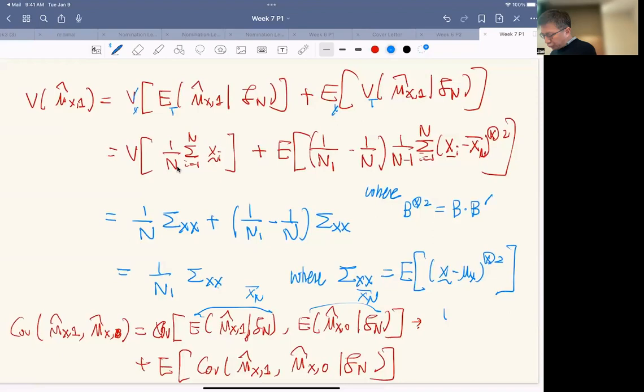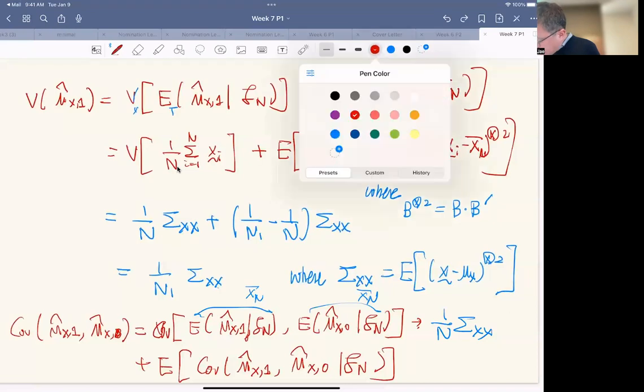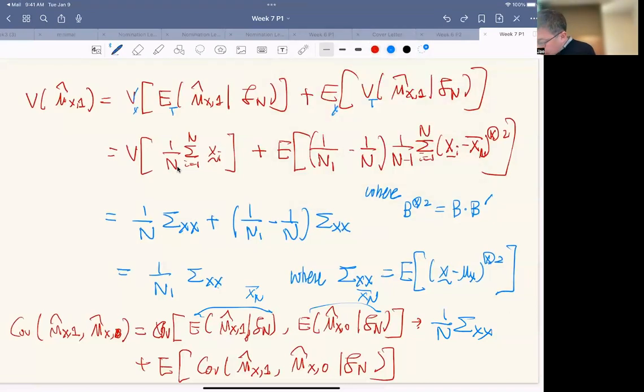So this one has to be 1/n sigma xx. And the second term is minus, remember something like that, sigma xx squared.